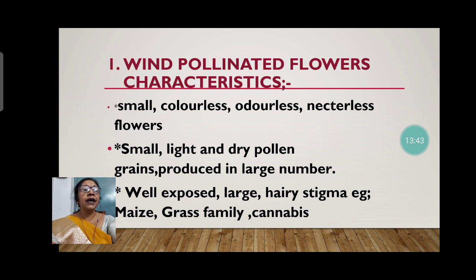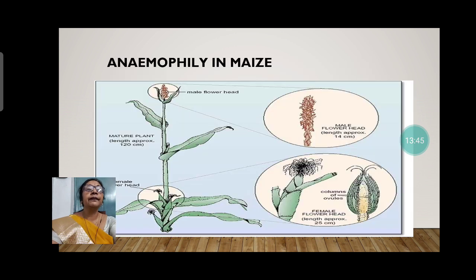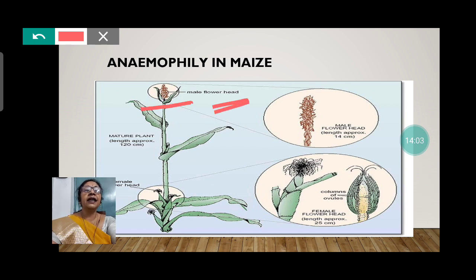So now just look at the example of this maize plant. Here you find that at the upper portion, the flowers are organized in the form of an inflorescence. The male flowers are present at the top. It is called the tassel. Okay. And the female flowers are present laterally at the lower portion, and they are called the cob.